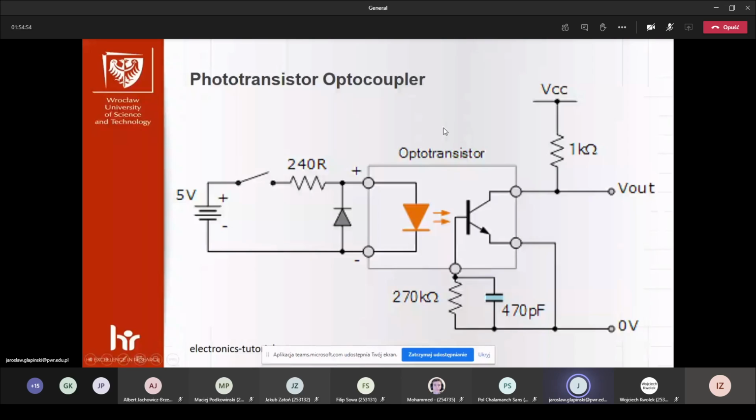Especially if we use, for example, a microcontroller on one side and a huge motor on this side, and we would like to switch it on, it's better to make an optoelectronic isolation, and the optocoupler is the element we use for that. If we switch the light on, we switch the output element.